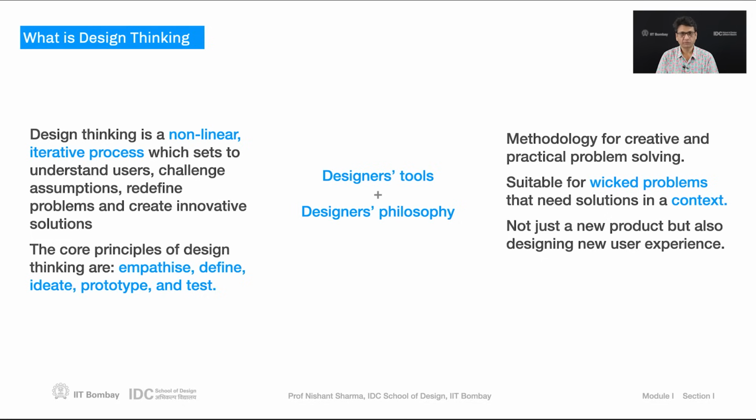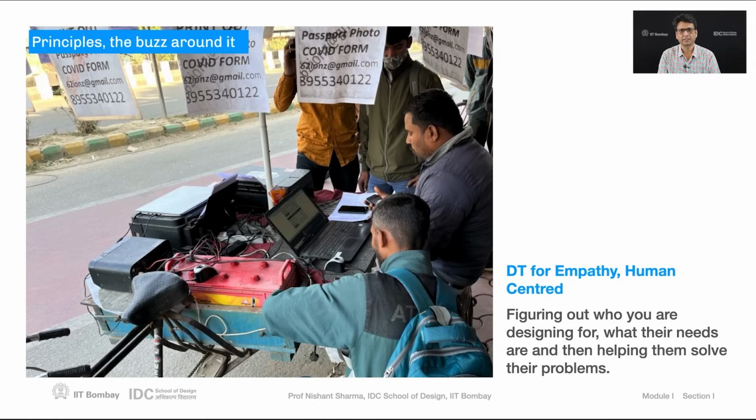It's a methodology for creative and practical problem solving, which is suitable for all kinds of wicked problems that need solutions in a context. It is not just for designing a new product, but also for designing new user experiences. Let's now talk about the principles of design thinking.